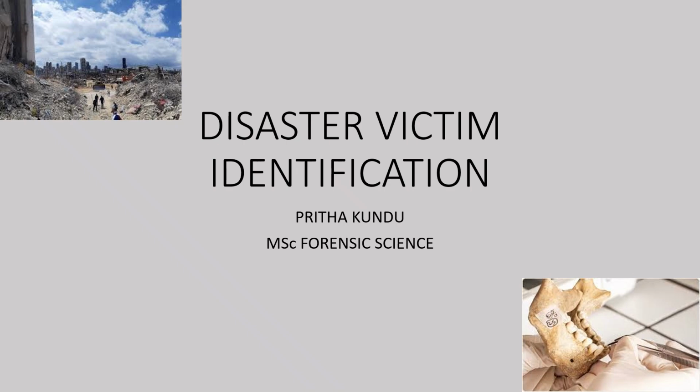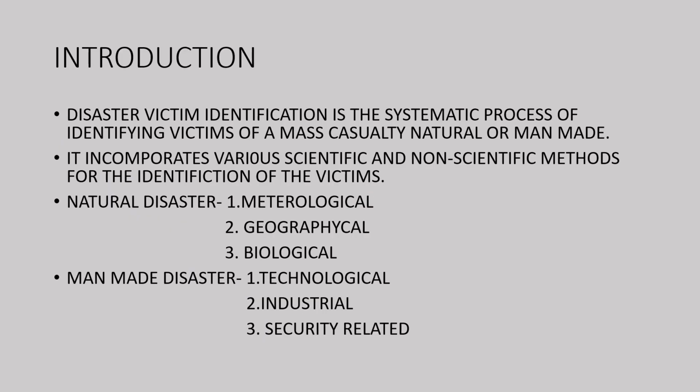Today we are going to discuss digital victim identification. Now we have the introduction. Before knowing what is digital victim identification, we should know what is a disaster and what are victims.